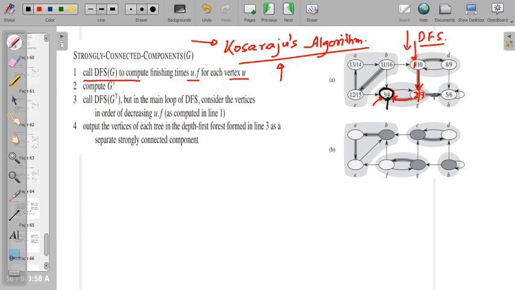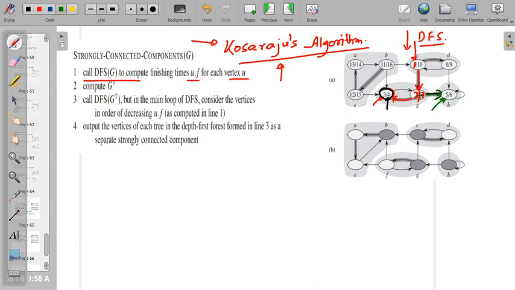Then I'll be coming back here. But here I am having another way to go, so it will be 5. I'm going here, and then it is 5, right? And then from here I am not able to go, so its ending time is 6.